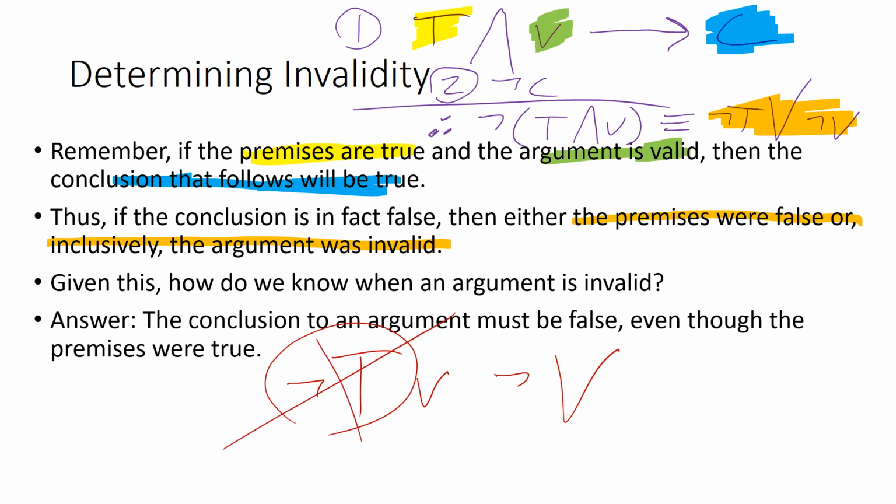So we have true premises. It therefore follows that it must be the case that the argument is not valid. That is to say, it is invalid. And this is going to be the key to this lesson.